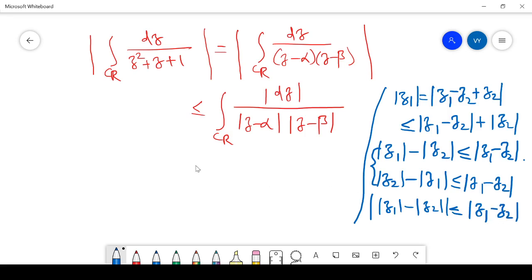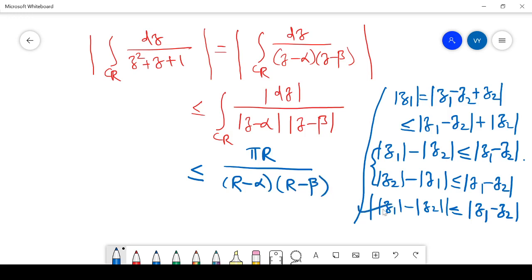Now when I use this, this will be less than or equal to, you know that the circumference of the circle is 2 pi r. Because this is a semicircle, I will have pi r. And using the result given here, this will be over r minus alpha into r minus beta.